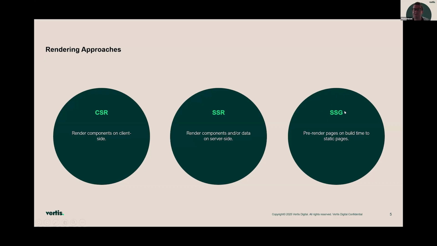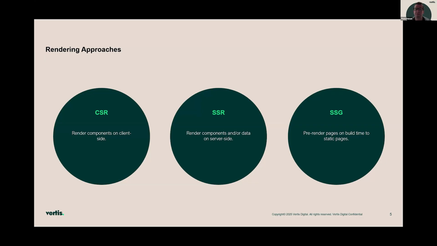And then static site generation, that is when the pages that you select are pre-rendered, as in the static HTML is generated for them before any client even requests that page, and is then served as a static page, as static HTML, to the client.